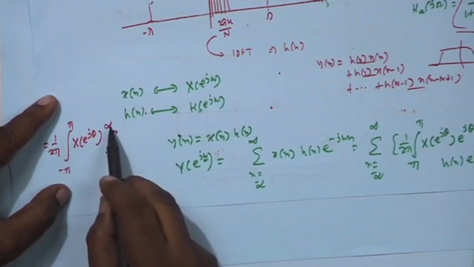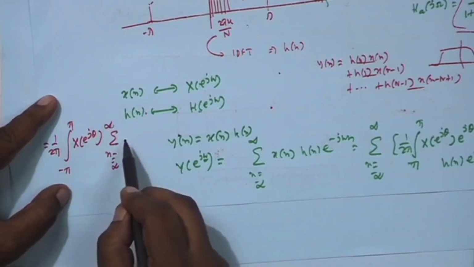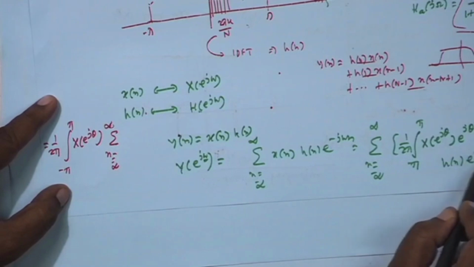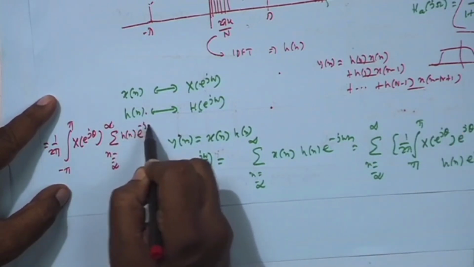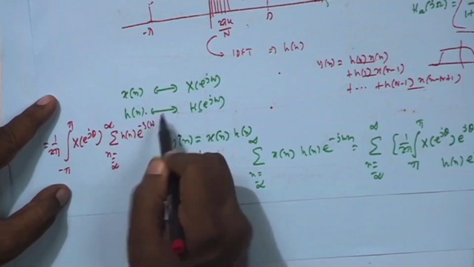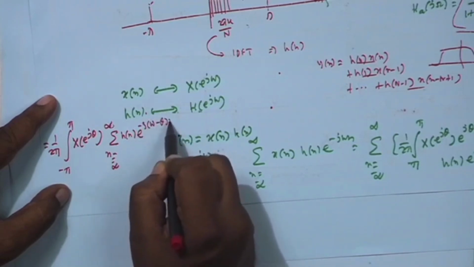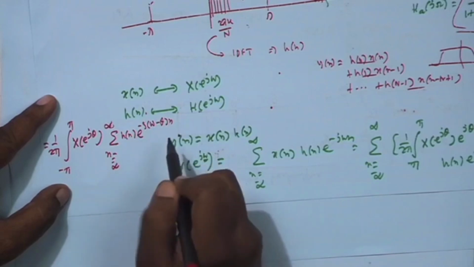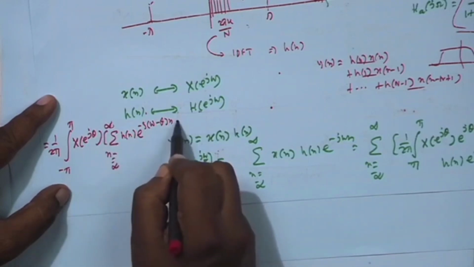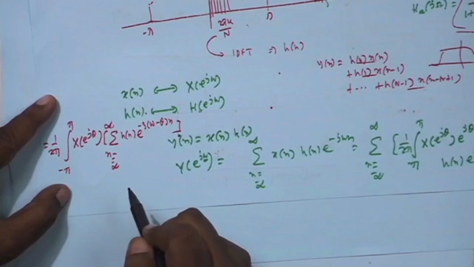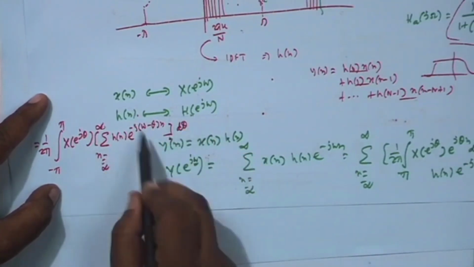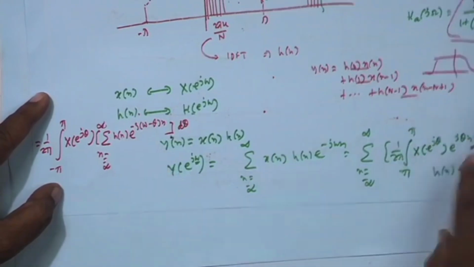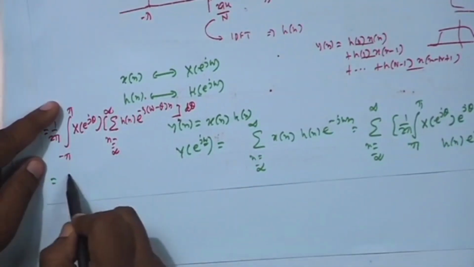Any quantity which involves n will be inside this summation. So, h[n] e to the power minus j omega n e to the power j theta n. So, it will be h[n] e to the power minus j (omega minus theta) n, this summation, and d theta as it is. But this is what? This is the DTFT at omega minus theta. So, then this gives rise to this relation.